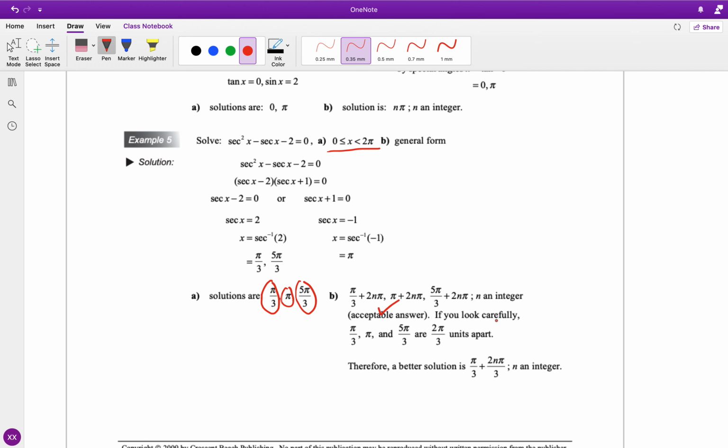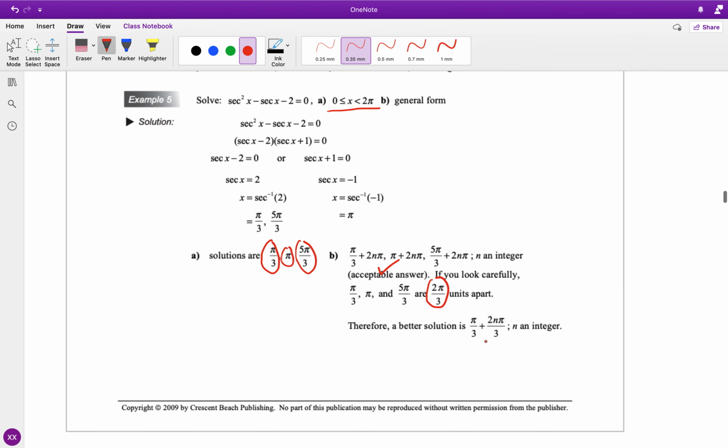However, if you look carefully, from here to here and from here to here differ by 2/3 pi. So in this case, if you repeat by 2/3 pi and just add on to the first one, it's going to repeat forever.